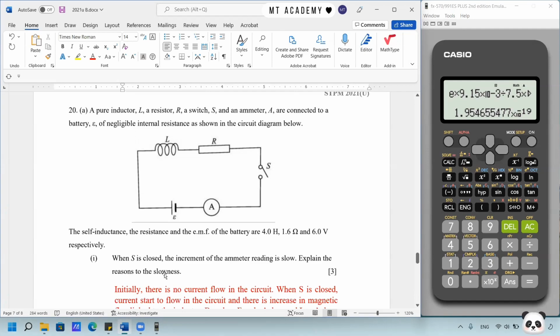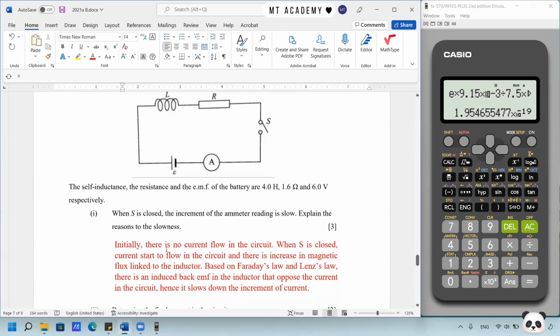So you learned about what happens to the inductor. For a pure inductor circuit, there is a back EMF. So this is the reason that caused the slowness, and this is related to the topic of self-inductance. This is the sample explanation for this question. Initially, there is no current flow in the circuit. So you need to recall what self-inductance is.